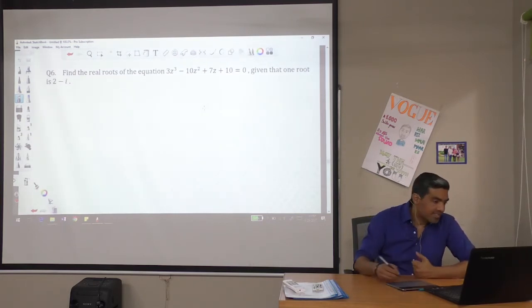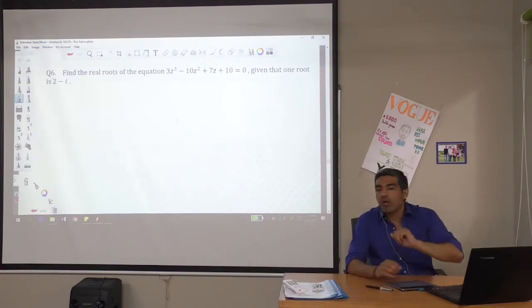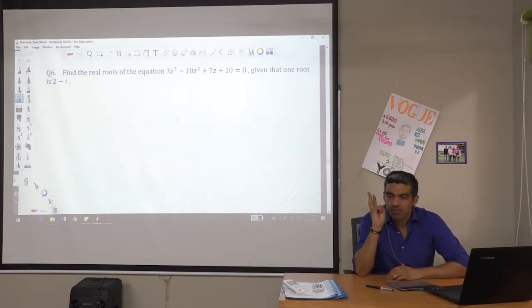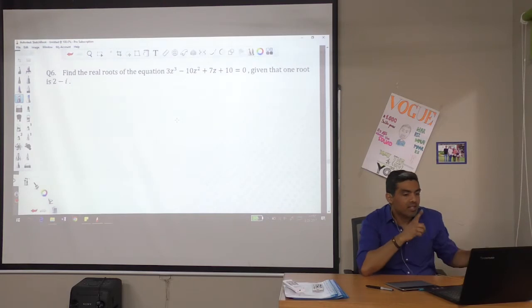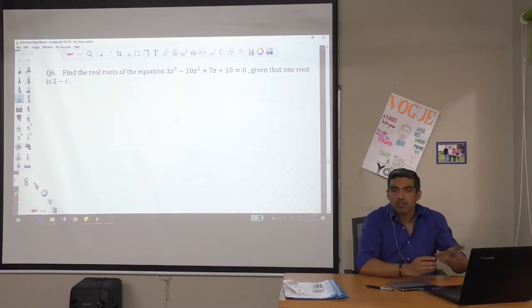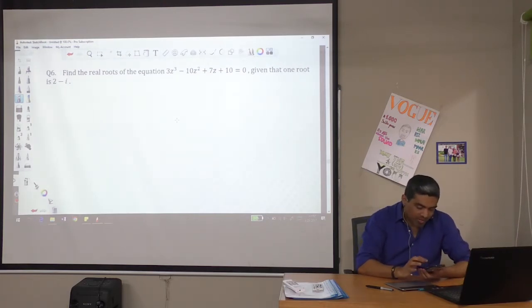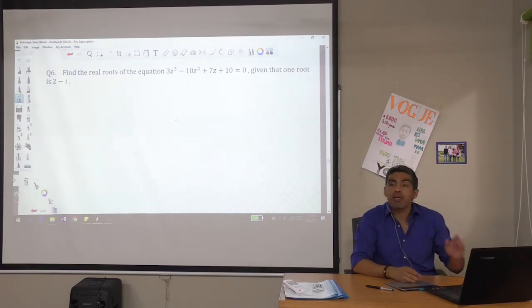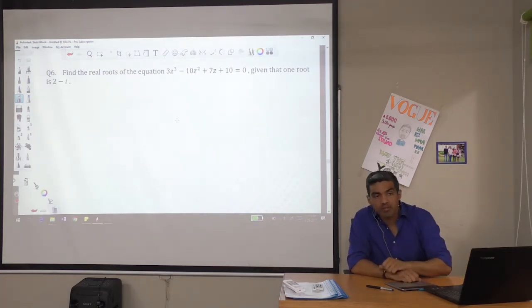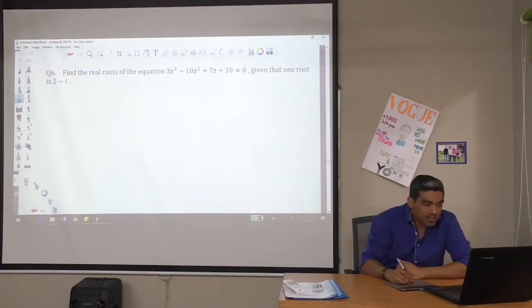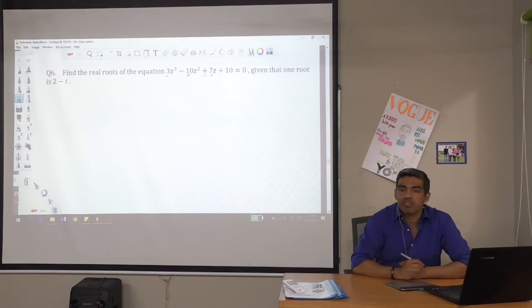Now, if it's a cubic equation, we're expecting 3 roots. Now it's saying that one of the roots is 2 minus i. Now, if one root is 2 minus i, then there has to be a 2 plus i root as well, because the polynomial has real coefficients.